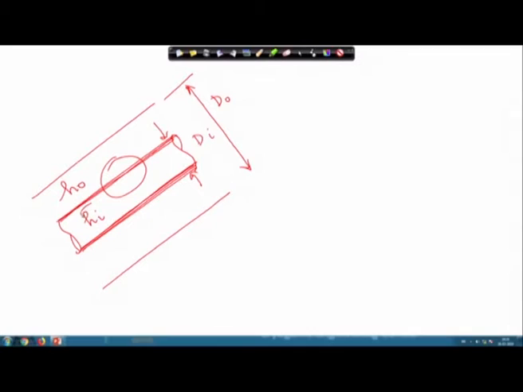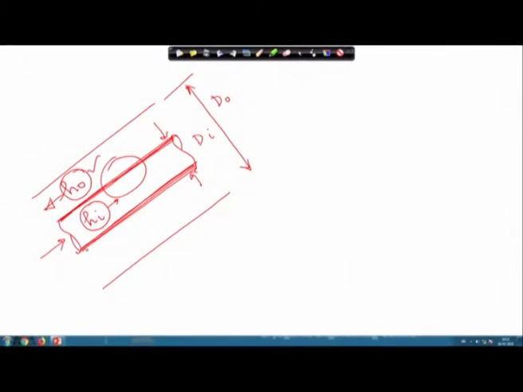So, for internal heat transfer coefficient, this is the flow through the pipe and we know how to estimate the heat transfer coefficient. Now, for this annular flow, we need to find out how to estimate the heat transfer coefficient in the annular space. And what is the heat transfer area involved?